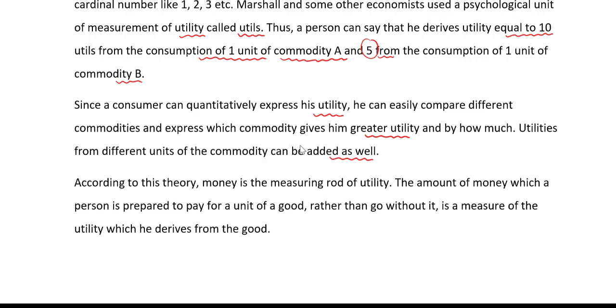According to this theory given by Alfred Marshall, money is the measuring rod of utility. The amount of money which a person is prepared to pay for a unit of a good rather than go without it is a measure of the utility which he derives from that good.